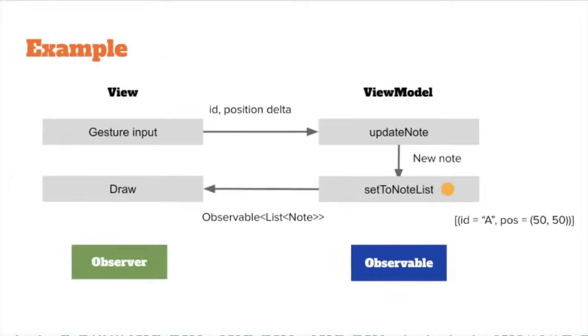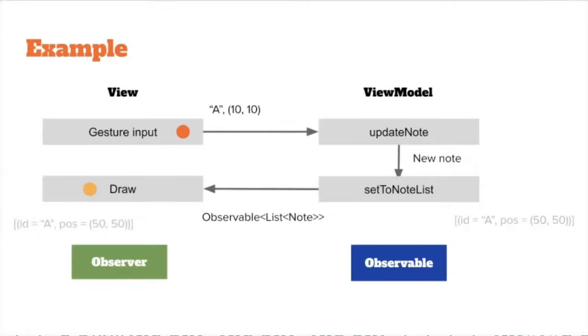And here is a little example. Initially, we have a node list with a node whose ID is A and position is 50, 50. After the view subscribes to it, it can get the latest node list, and it will draw the node at position 50 and 50.